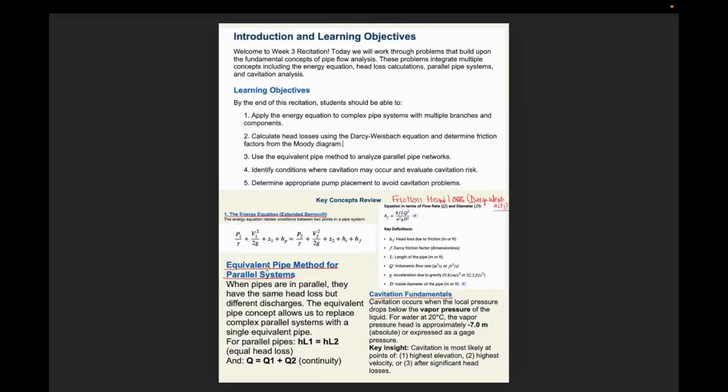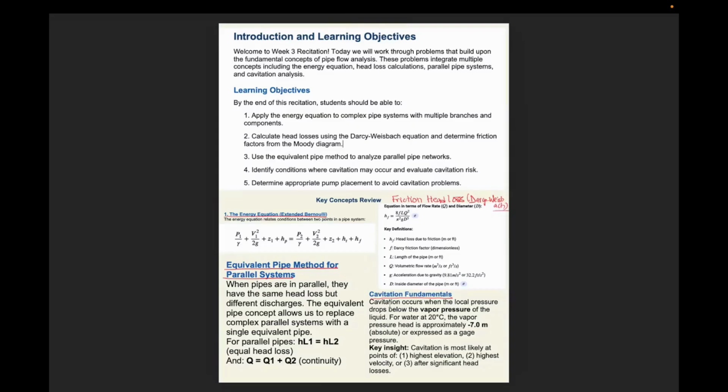And another one of the important things to know before we jump into problems is about parallel equivalent pipes. For a parallel system, the head loss is equal for each branch, whereas for flow rate, suppose from A to B it flows 100 and it has four branches, then after the four branches merge into one, in this case Q is equal to Q1 plus Q2 plus Q3 plus Q4. So that's all about the equivalent pipe system.